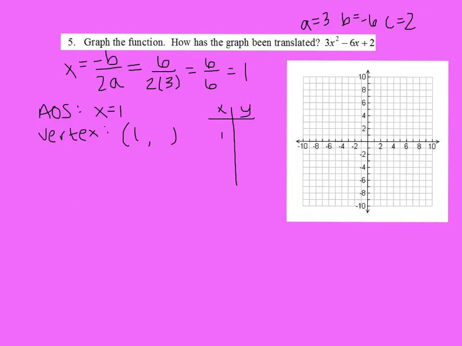That'll look like 3 times 1 squared minus 6 times 1 plus 2. And I'm going to put that into my calculator. And I get -1. So I know that my vertex is 1, -1. So I'm going to plot that point. 1, -1.